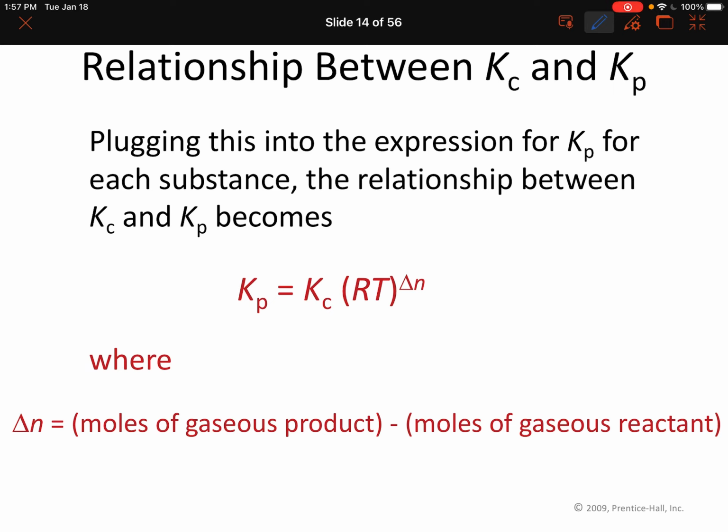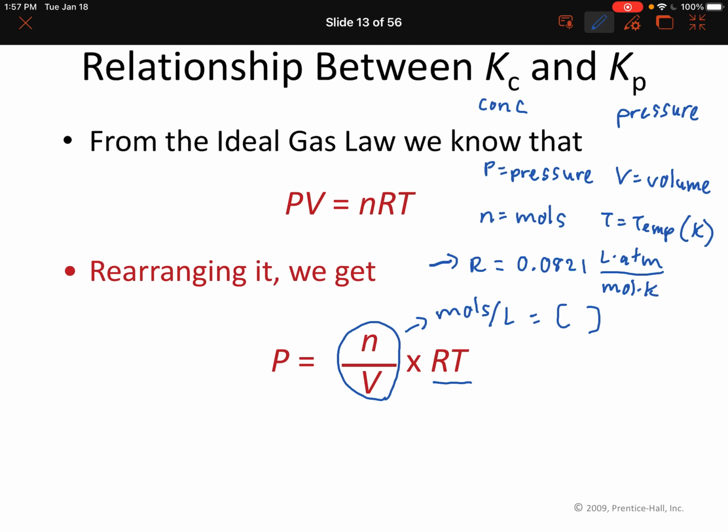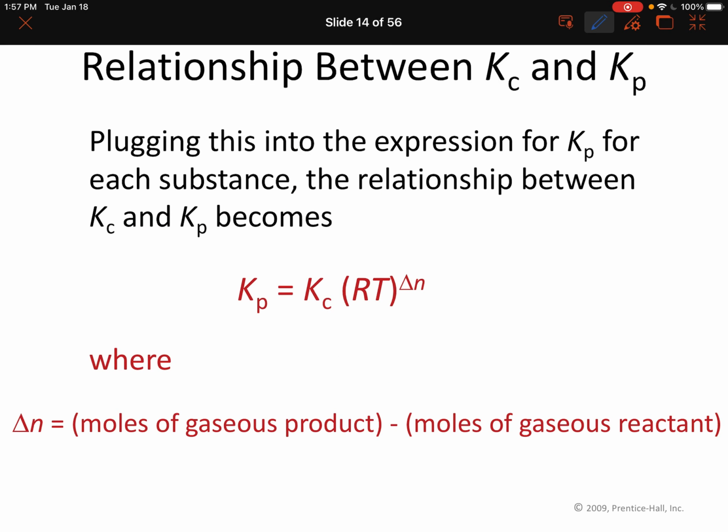So what we can do to create a relationship between Kp and Kc is use this expression. So let me go back for one second. Whenever we have molarity and want to go to pressure, we multiply that molarity by RT. Keeping in mind that the molarities could be raised to different powers depending on coefficients in the balanced equation, that's also a factor that we'll need to consider.